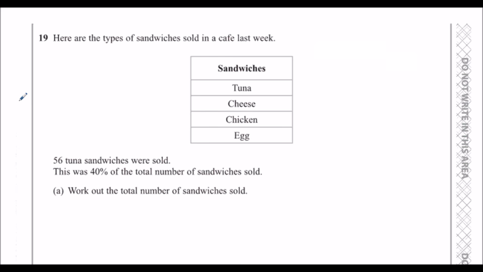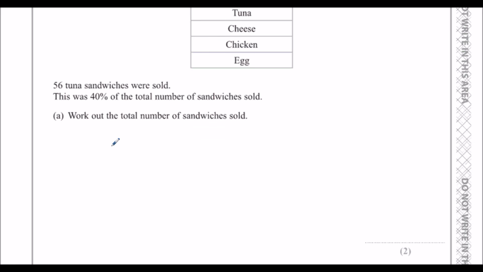Question 19. Here are the types of sandwiches sold in a cafe last week. So we've got tuna, cheese, chicken and egg. 56 tuna sandwiches were sold. This was 40% of the total. Work out the total number of sandwiches. So 40% of the total is 56.